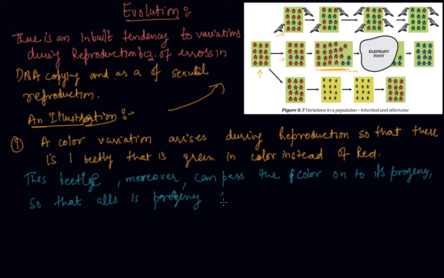So let's say there is only one green beetle, shown here in this diagram, and here you can see that only the green ones are left. Okay, so this is the first situation.